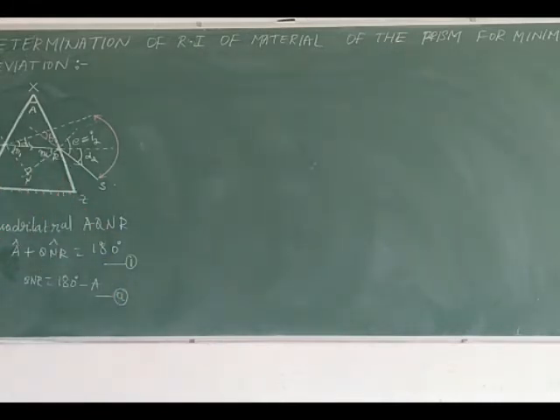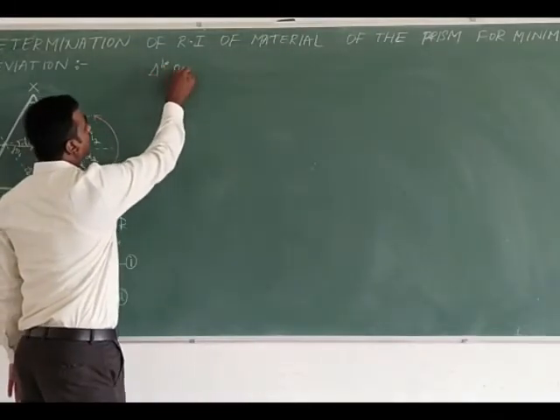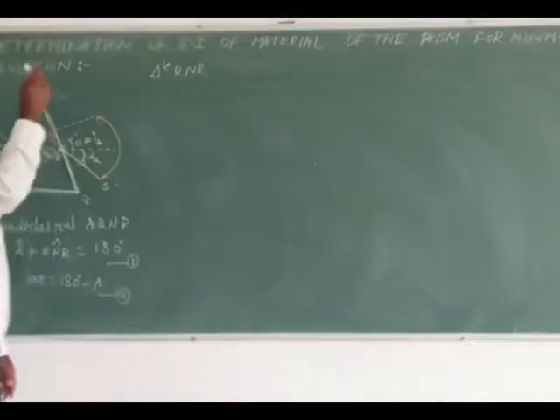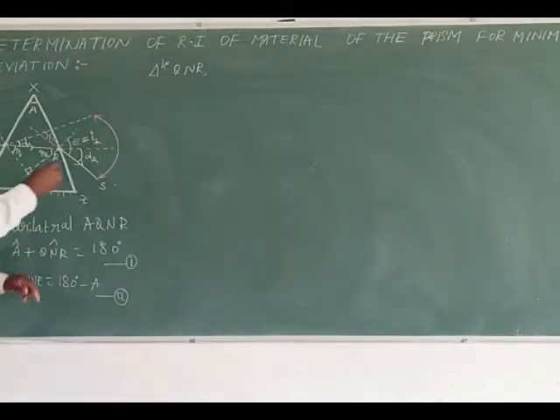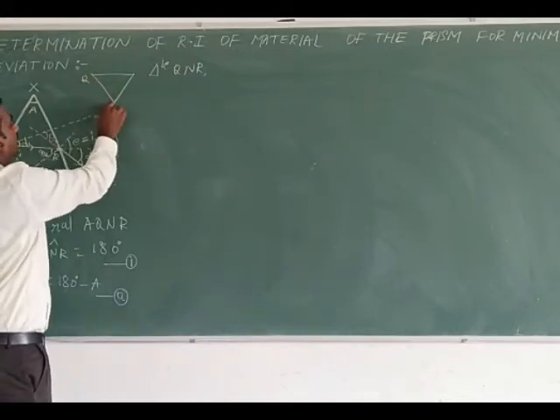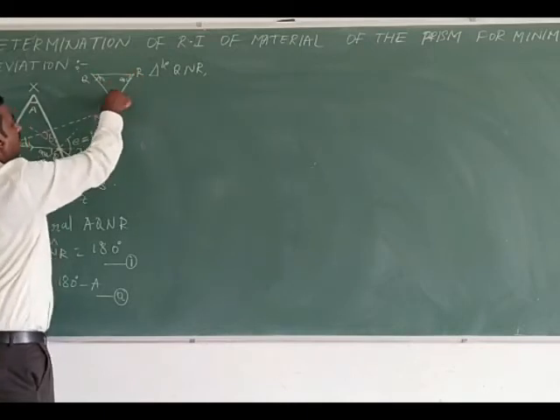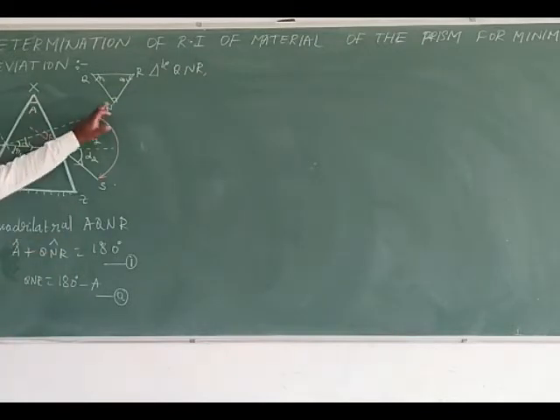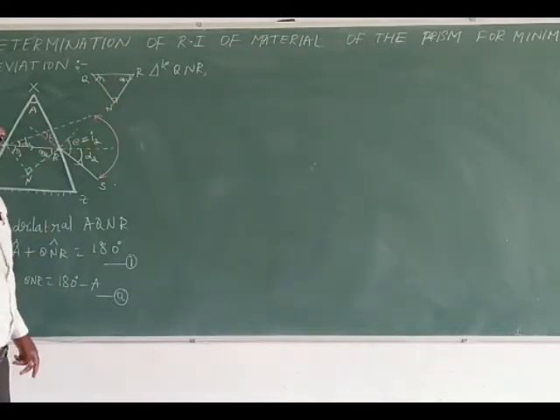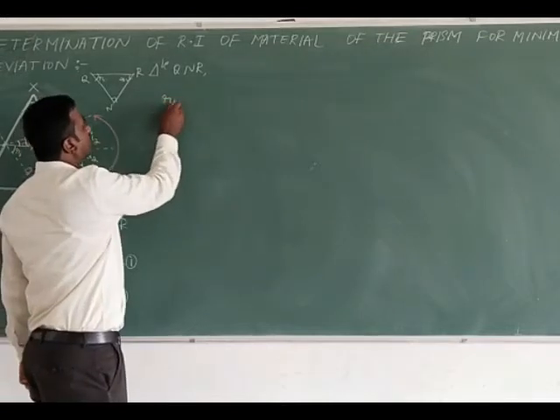So now look at the triangle QNR. In this triangle QNR, the angles are R1, R2 and N. The sum of the interior angles in a triangle is how much? 180 degrees.